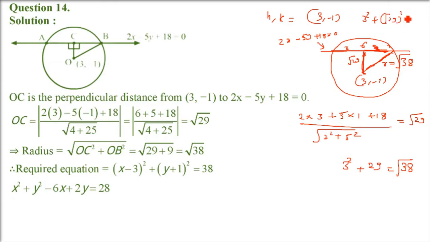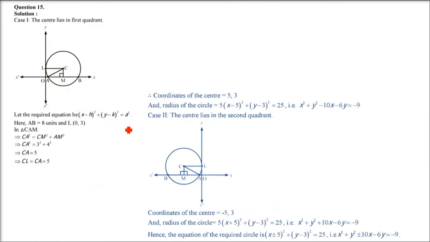So what I did is 3 squared plus root 29 whole squared is R squared. That is how I got R squared. The center we already know, so (x minus 3) whole squared plus (y plus 1) whole squared equals 38. When you expand this, this is the equation.